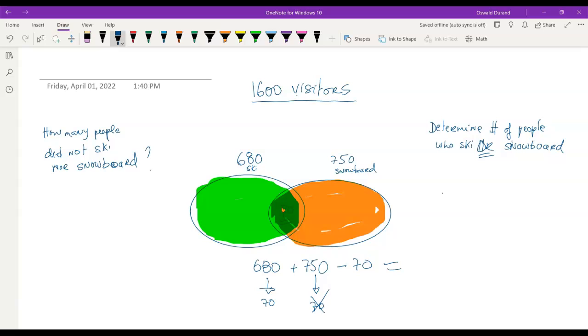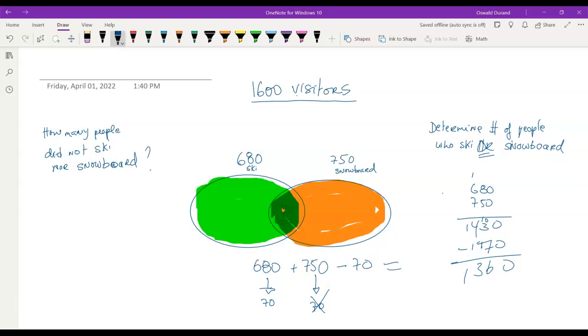So it's 680 plus 750. That's 1,430. Man, I can't even count anymore. I think my brain is fried. 1,430 minus 70 is 1,360.